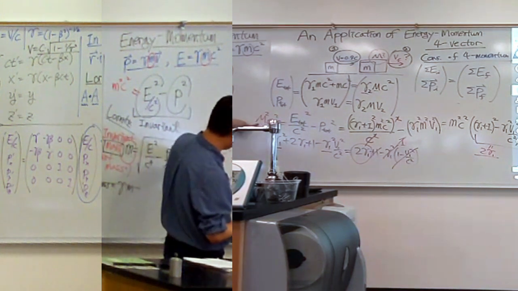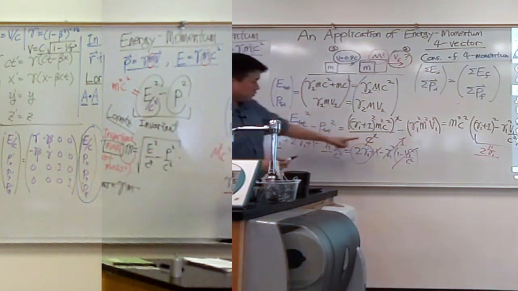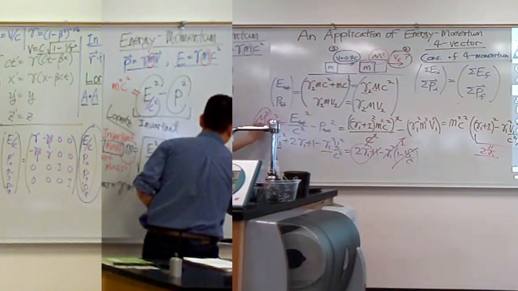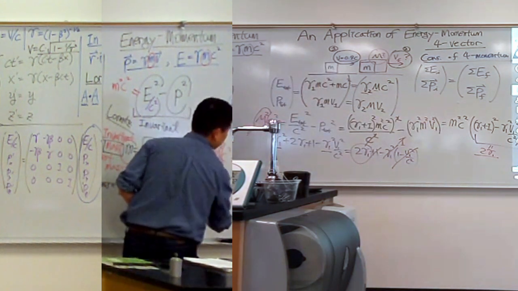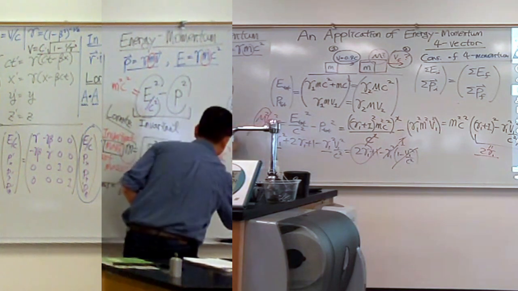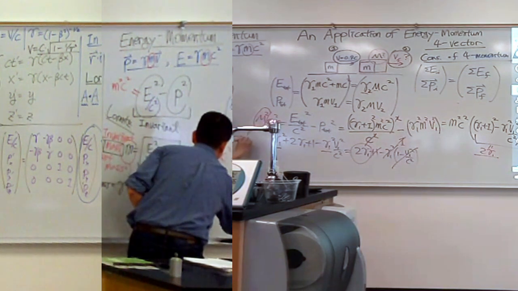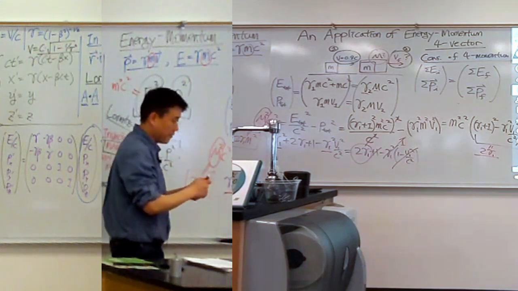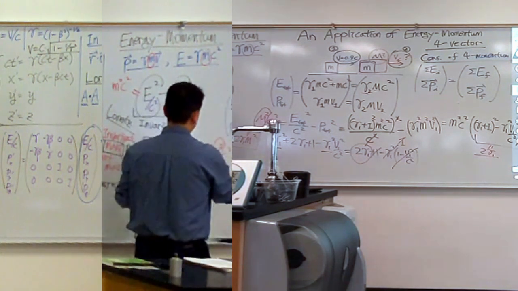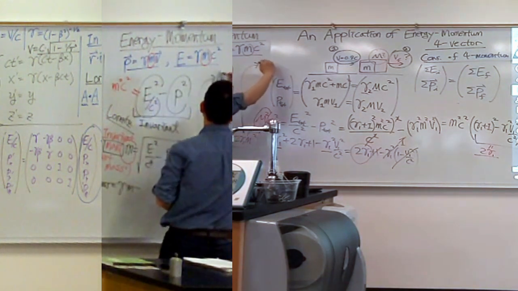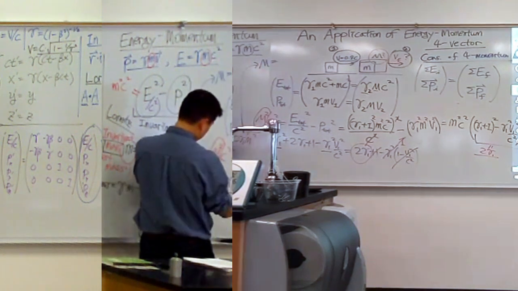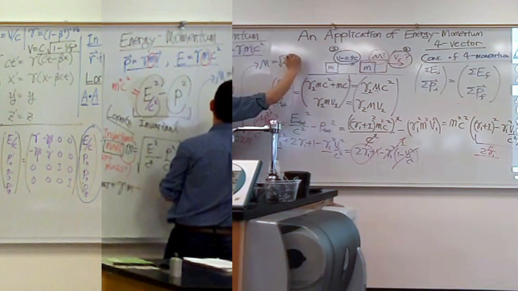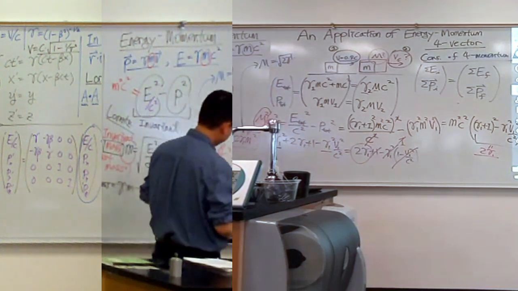So m squared is equal to 2 gamma 1 small m squared. And so if I want the answer for just m, it would be the square root of 2 gamma times, wait, that doesn't sound right.